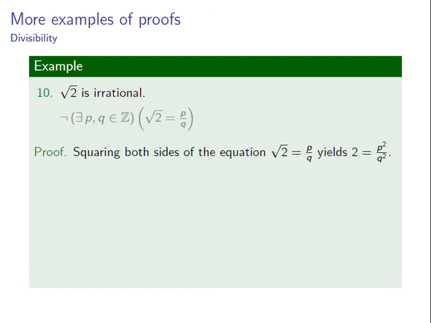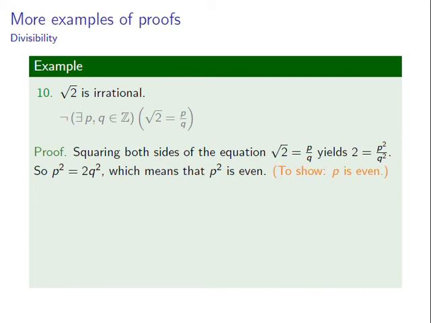Squaring both sides of the equation, the square root of 2 equals P over Q, yields the equation 2 equals P squared over Q squared. So P squared equals 2 times Q squared, which means that P squared is even.